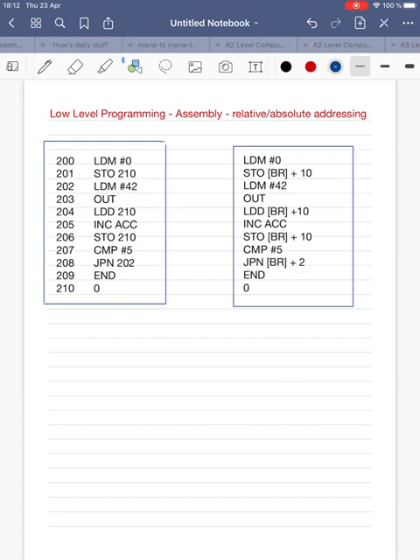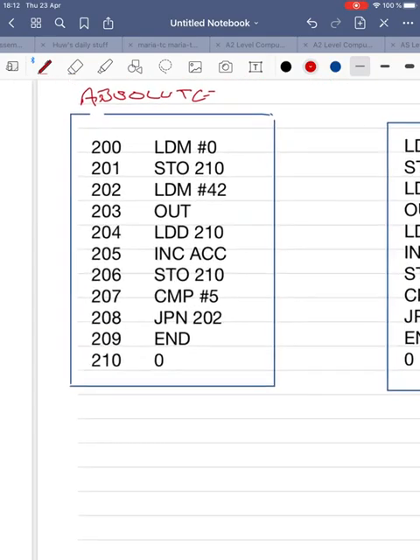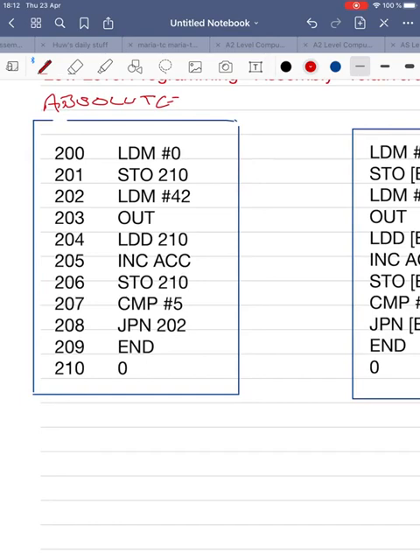I'm going to look at the first example, which is using absolute. So this is an example of absolute addressing here, and you see in this column these numbers are referring to memory locations. I've just randomly selected 200 to 210.